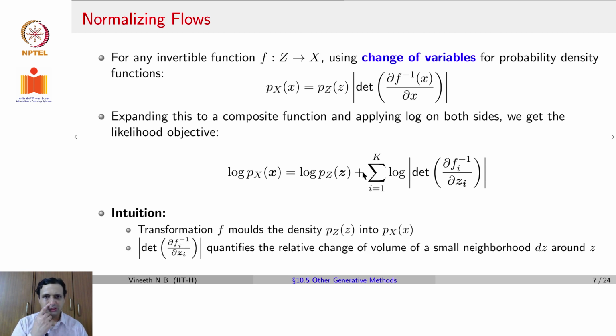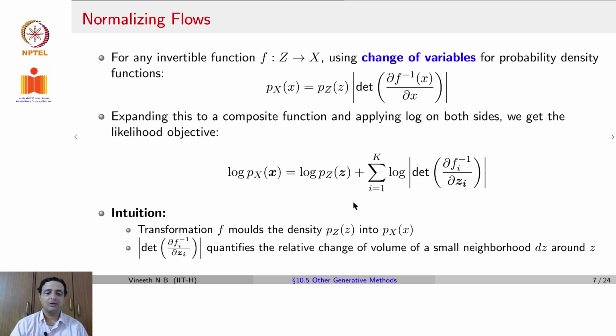So the intuition of these two terms in estimating the log likelihood of the probability density function is, the first term here can be looked at as the transformation molds the density p0(x) into p_x(x). That's what it would like to do.